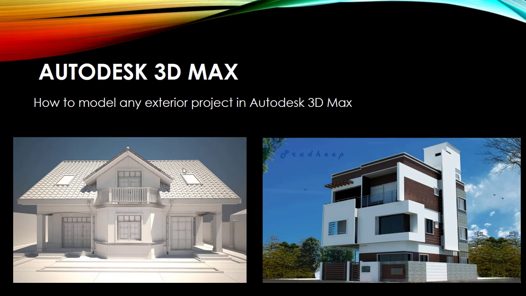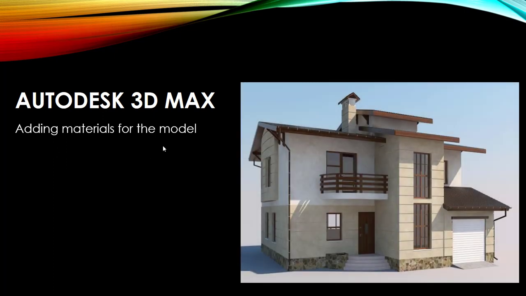After we are able to model a project, we'll move to the next part of the tutorial, which is adding materials to the models. What we mean by material is the exterior material, like marble and paint.